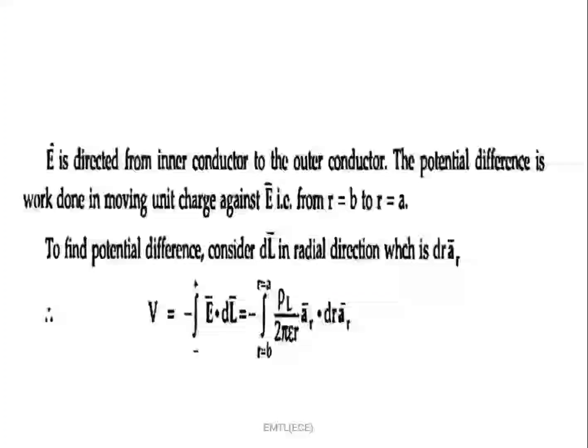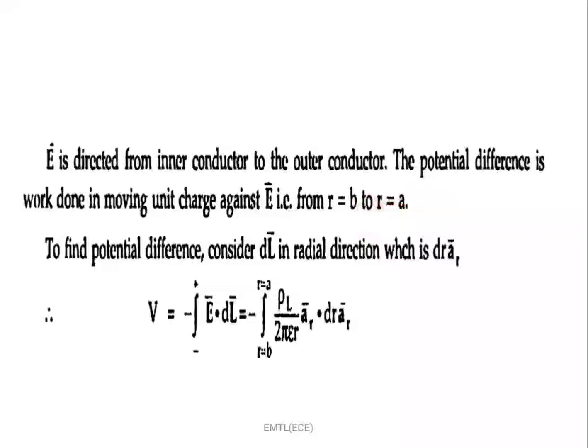Now we have to find the potential difference between these two conductors. That is, a unit charge moving from r equal to b to r equal to a. So that is the potential difference.